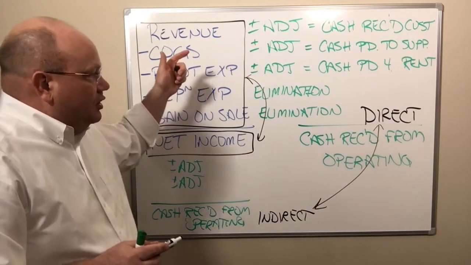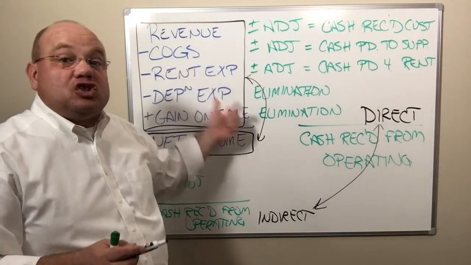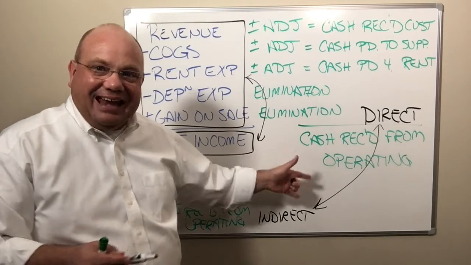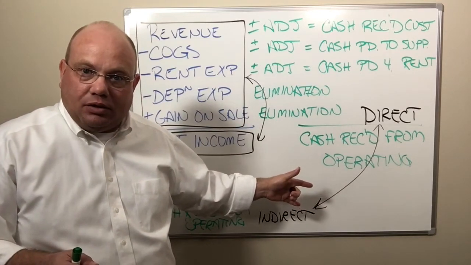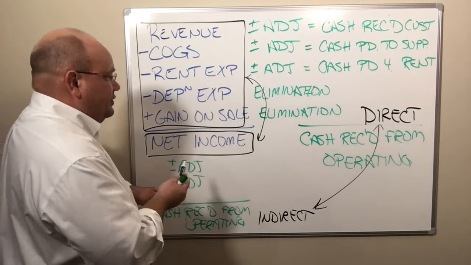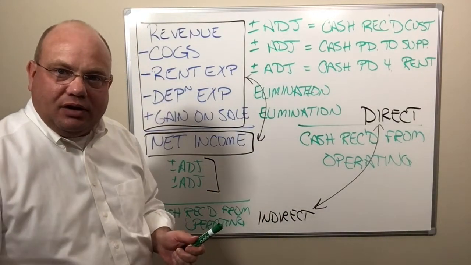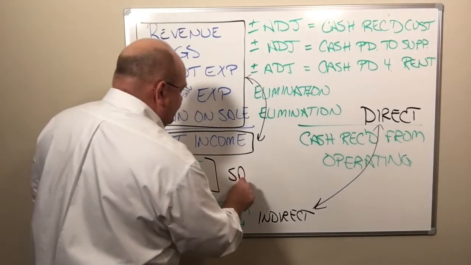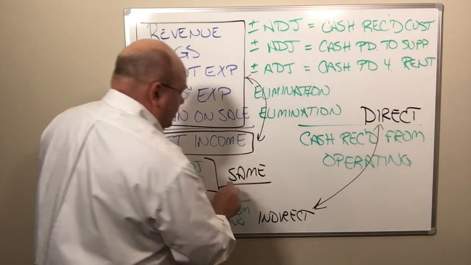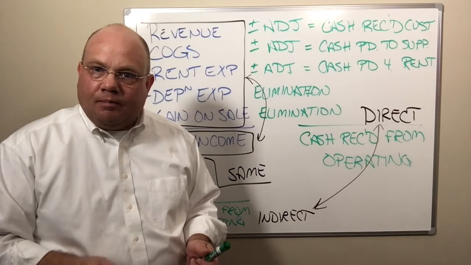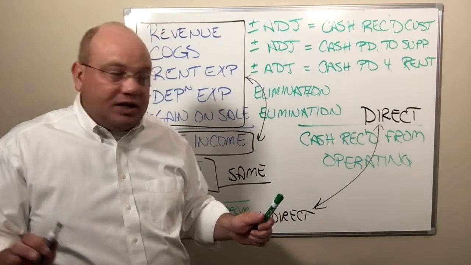But if the indirect and direct methods start with the same amount, and end with the same amount, what that tells us is that these adjustments that we make under the indirect method have to be exactly the same as the adjustments that are made under the direct method. They're exactly the same adjustments.